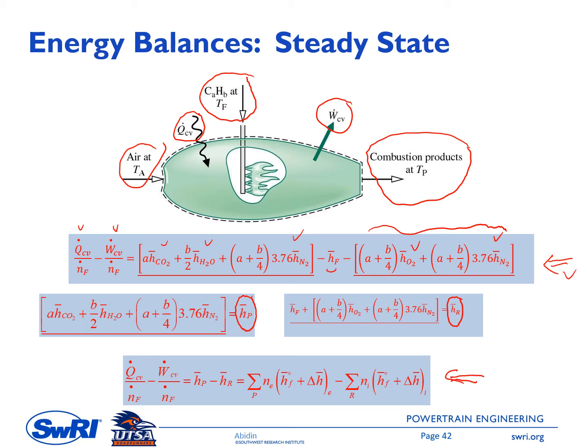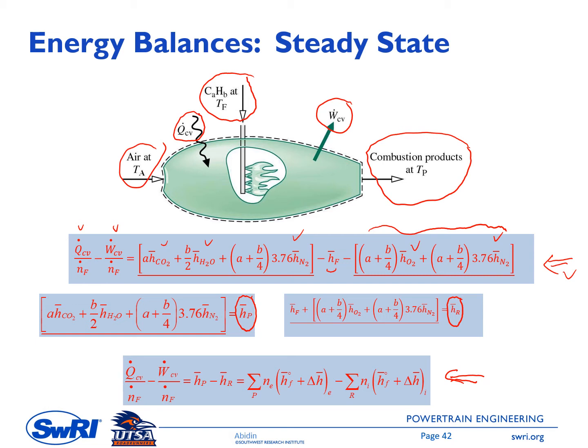Okay, so you can see in here Q dot CV minus W dot CV, both per mole flow rate of the fuel, equals HP minus HR. HP is the enthalpy flow of the product, HR is the enthalpy flow of the reactant.